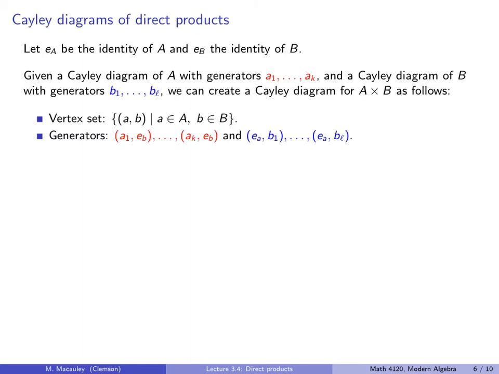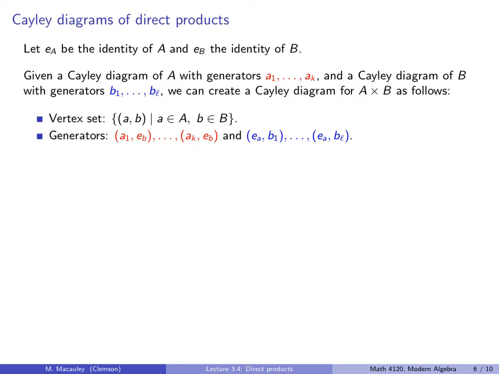Given a Cayley diagram of A with generators A1 up to AK, and a Cayley diagram of B with generators B1 up to BL, we can create a Cayley diagram for the direct product A cross B as follows.